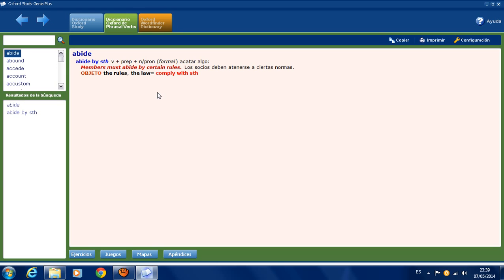But the point is that if you translate the components literally, most of the time you will have the wrong picture of its meaning.